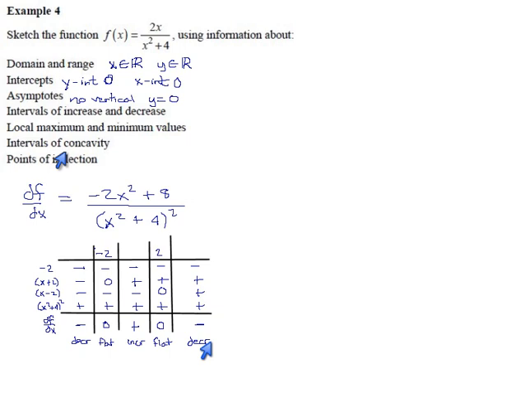And what next? Concavity. The second derivative tells us about that. So let's see if we can fit another derivative in here. This is the first derivative. The second derivative, d squared f over dx squared, is going to be bottom, x squared plus 4 all squared, times the derivative of the top, which will be minus 4x.